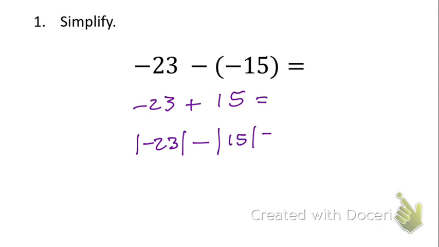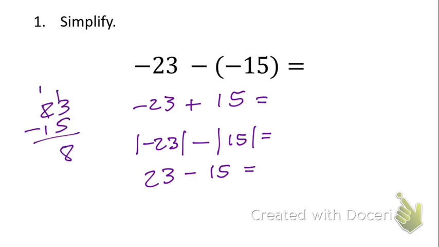So the absolute value of negative 23 is 23. The absolute value of 15 is still 15. So if you need to go off to the side, take 23 minus 15. We've got to borrow, and that becomes 8. And then, if you remember, 23 was originally negative, so our answer here should be negative 8.